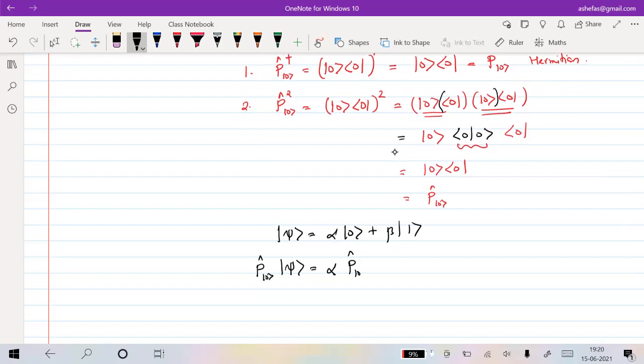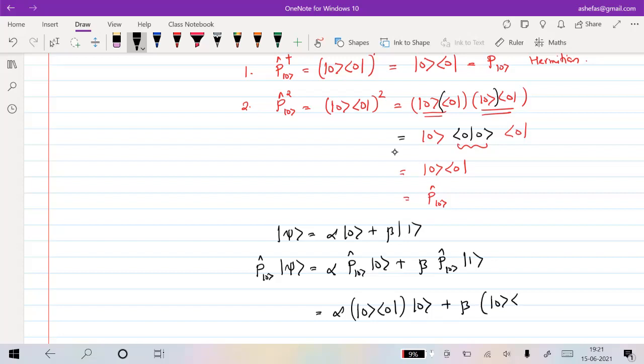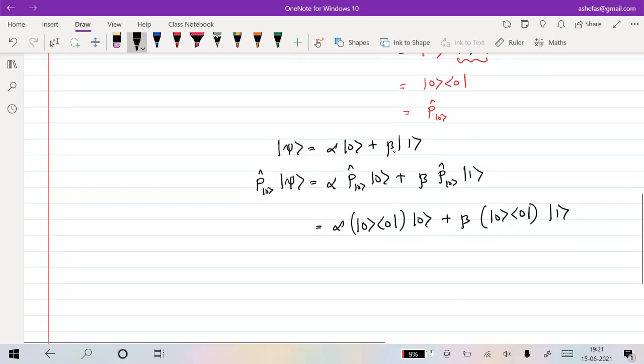So alpha times the projection operator acting on 0 plus beta times the projection operator acting on 1. This is equal to alpha times ket 0 bra 0 times ket 0, plus beta times ket 0 bra 0 times ket 1.